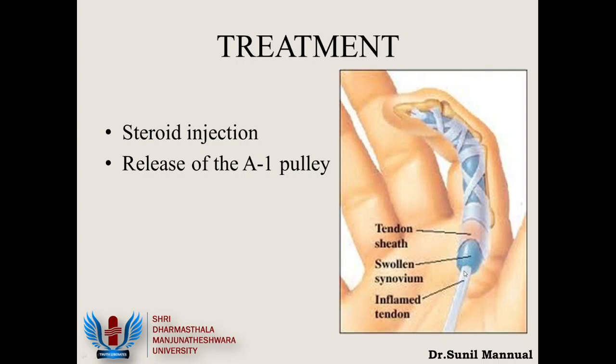But the surgery for this condition would be release of the A1 pulley. So the efficiency of the tendon is being lost in the surgery, but the triggering itself causing disturbance in the finger movements is going to disappear by doing the release, and therefore it's a kind of a bargain that we have to make with nature.